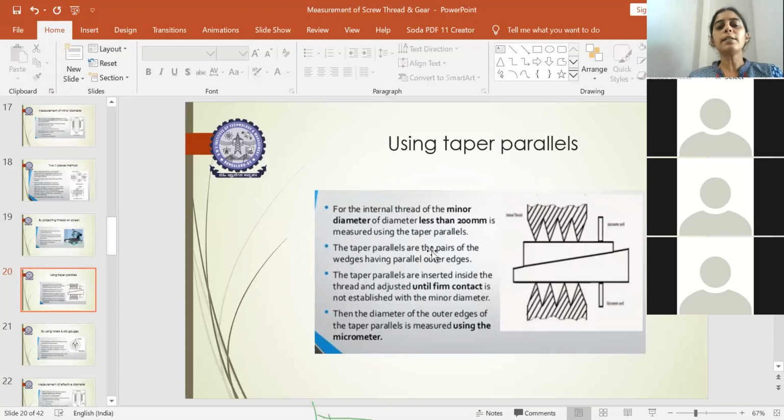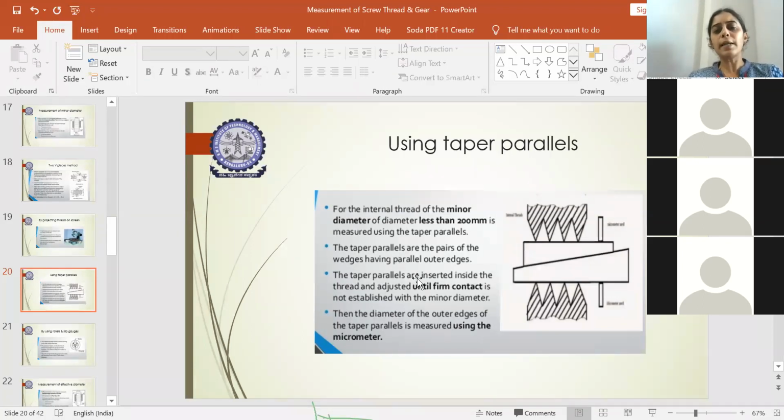The taper parallels are pairs of wedges having parallel outer edges. These are the wedges where you have the upper and the lower part.